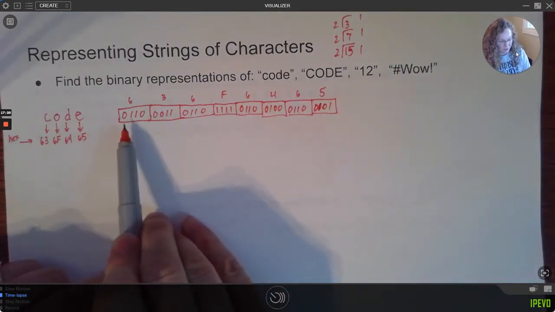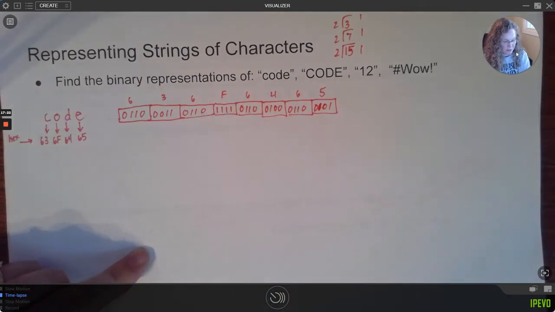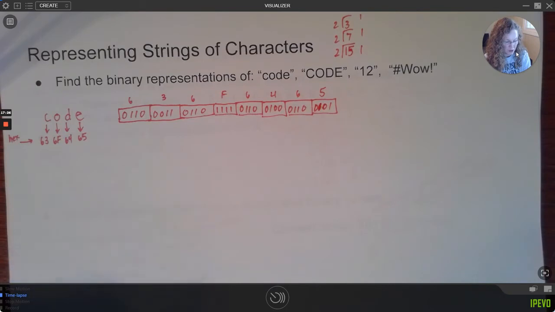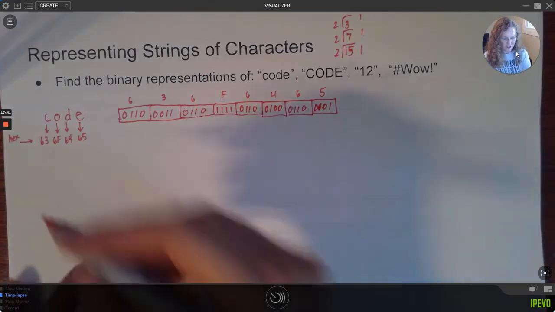Okay, so that would be how a computer or a machine would represent the word code written in all lowercase letters. We're going to do the word code again in all capital letters just so that you can see they're different. The capital letters and the lowercase letters are different.